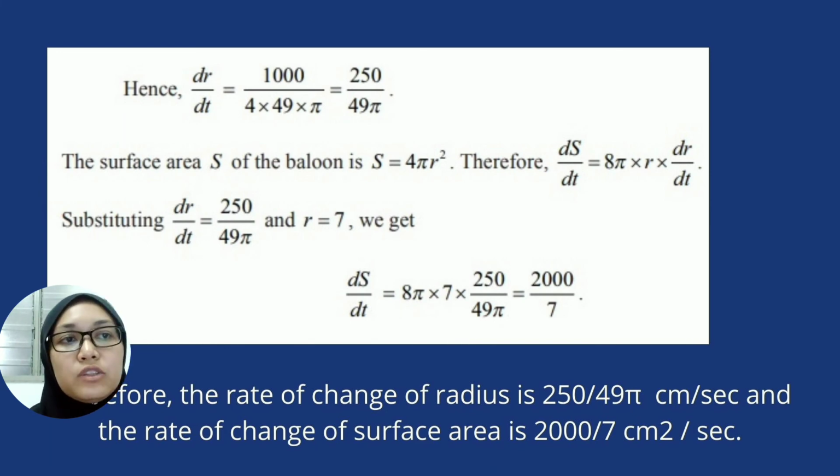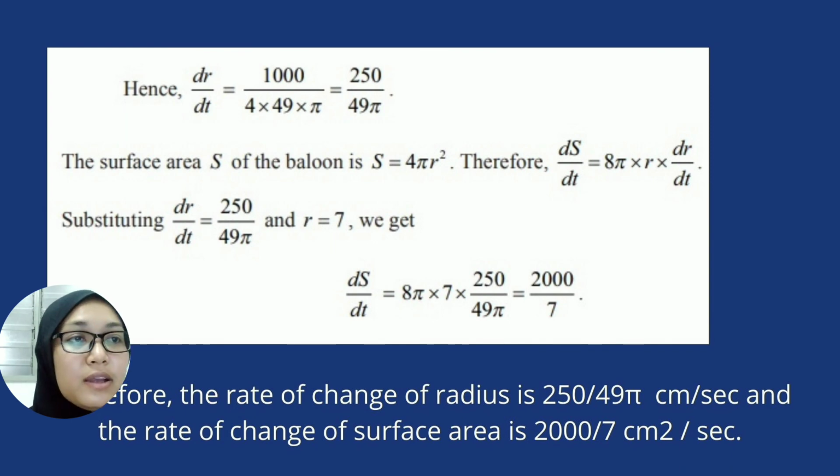So the rate of change of radius is 250 over 49 pi centimeter per second, and the rate of change of surface area is 2000 over 7 centimeter squared per second.